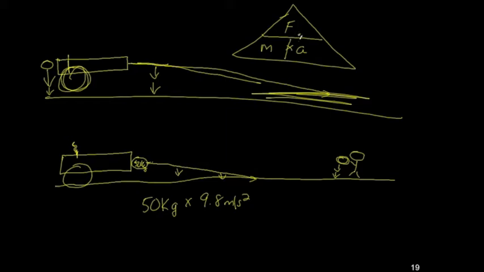But in this case, we know that the constant of acceleration due to gravity is 9.8 meters per second squared. So when we run the calculations, we do 50 times 9.8 meters per second squared, and that gives us a force of 490 newtons.